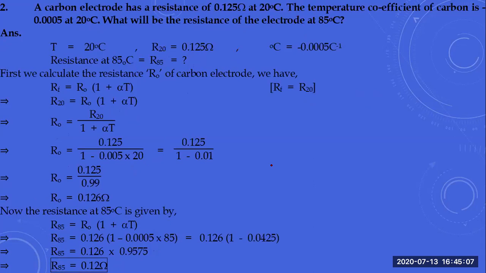So here is another problem. A carbon electrode has a resistance of 0.125 ohm at 20 degrees Celsius. The temperature coefficient of resistance of carbon is 0.005 at 20 degrees.